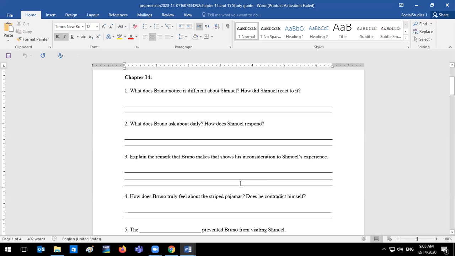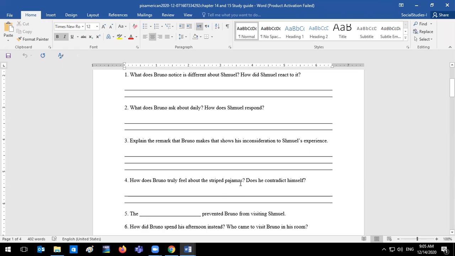All right, how does Bruno truly feel about the striped pajamas? When they were talking, Bruno asks Shmuel, "Why do you always wear the striped pajamas?" And he says, "We have to." Bruno says that he doesn't like striped pajamas, and he contradicts himself.